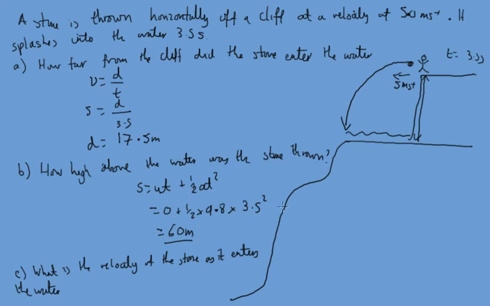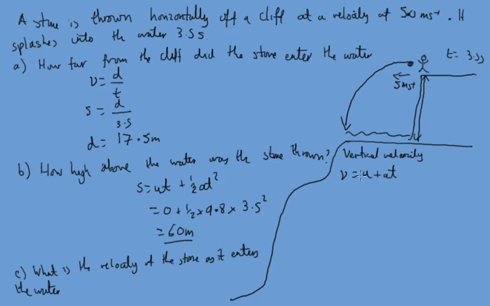So we've got the vertical velocity, so this is the velocity coming down here, and we'll use v equals u plus at.